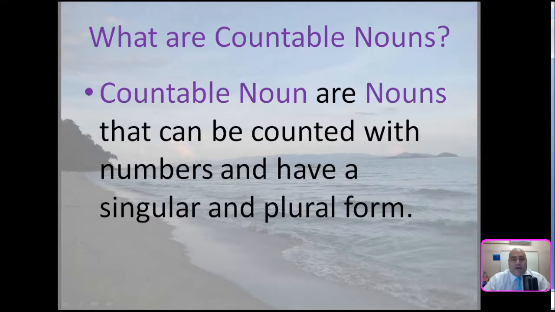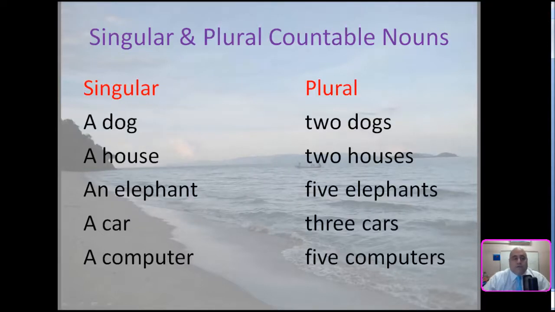What are countable nouns? Countable nouns are nouns that can be counted with numbers and they have a single or plural form. Here's some examples. Singular nouns. A dog, meaning one dog, singular. A house. An elephant. A car.